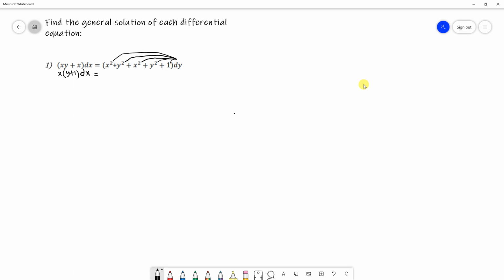Ulitin ko, sorry for this. Pwede na natin itong part na ito, no? Pwede natin paghiwalayin kasing x squared y squared plus x squared.